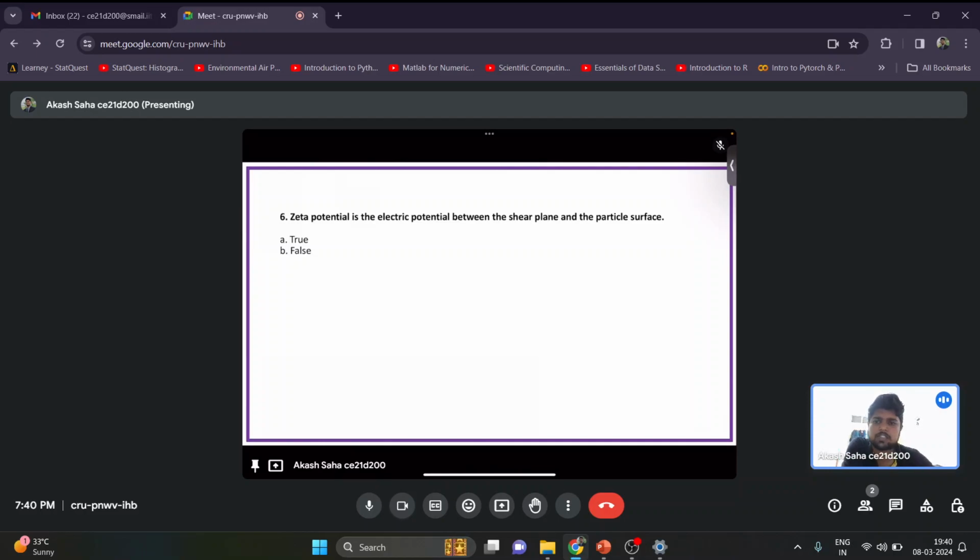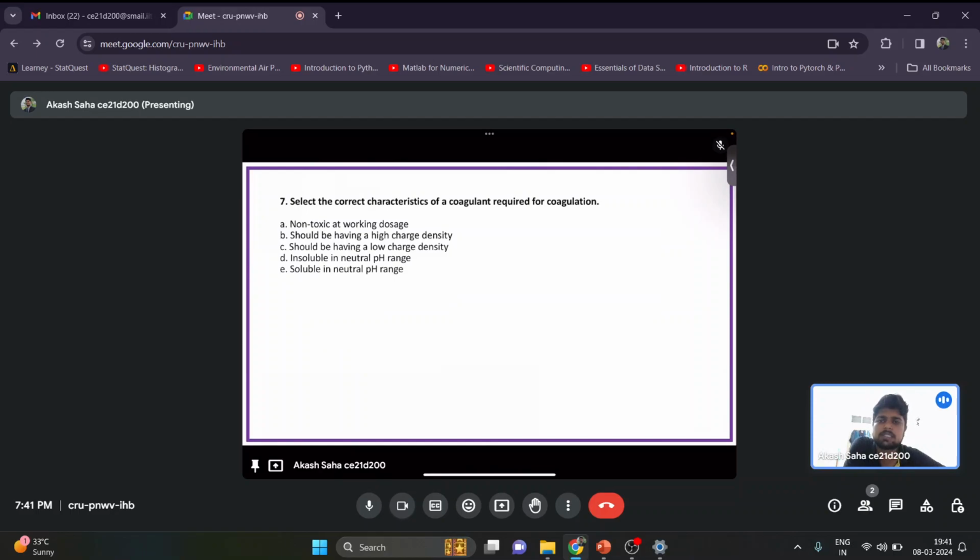The correct answer is false, because the zeta potential is the electrical potential between the shear plane and the bulk solution. It is not the particle surface, it is the bulk solution. The potential difference between the shear plane and the bulk solution is clear.